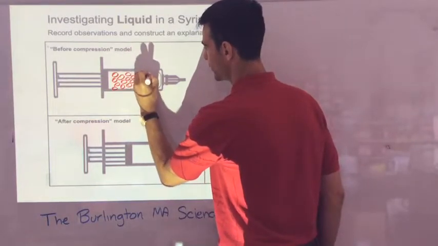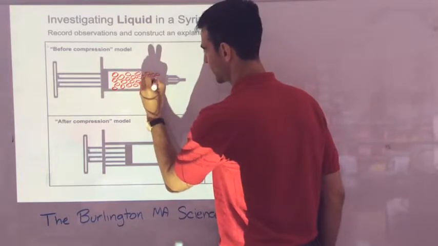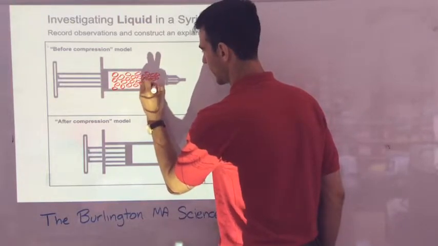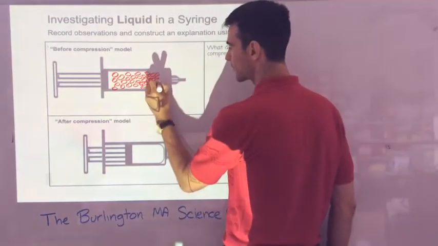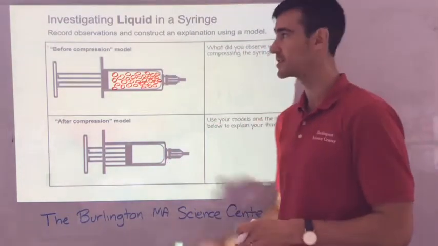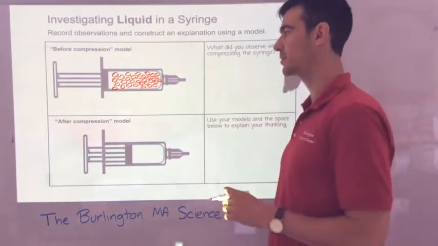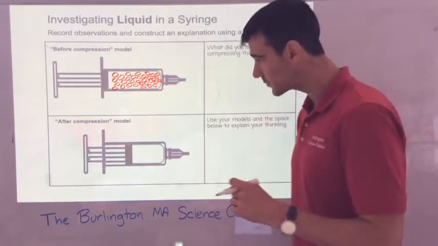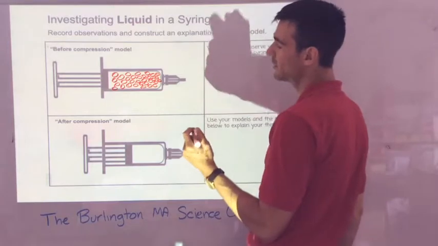You'll see here that I've used a different color, much like I used the red dye in our demonstration. That might be helpful in having students distinguish between their gas and liquid models when they look back moving forward.